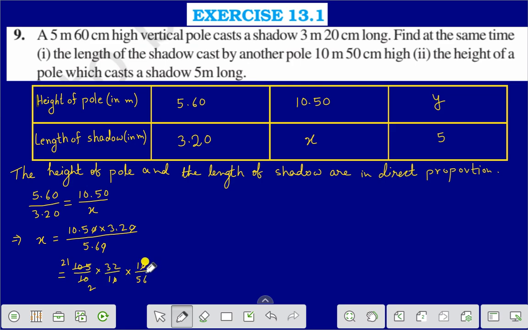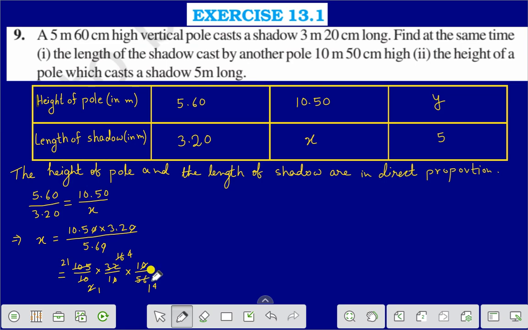We are getting 2. Dividing by 2, 2 and 2, and 16 into 32 is 2, right? Or we divide by 4: 4 into 16, and 4 into 56 is 14, right?